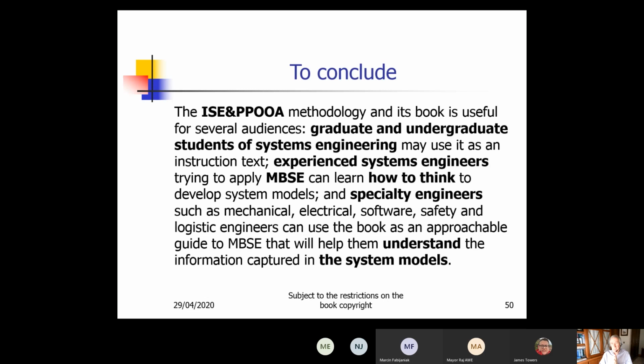So methodology is a way to promote and help people in all these issues. Thank you very much. If you have some questions, I am open to answer them.